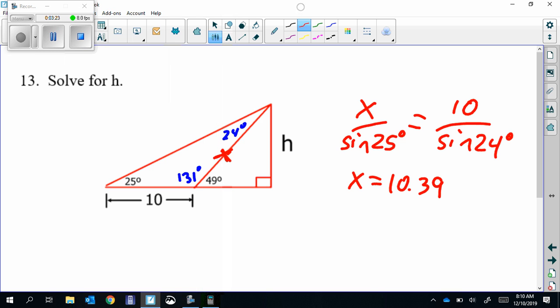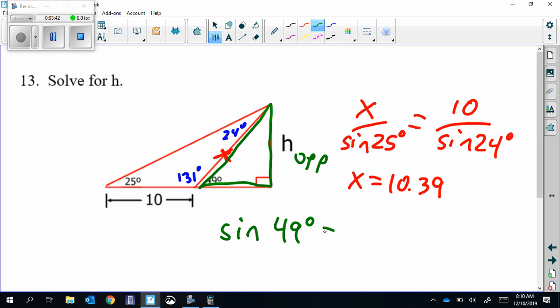So now we're going to shift our focus just to this triangle here. It is a right triangle with a 49-degree angle. We're trying to find this side, which is opposite. And x would be the hypotenuse. So sine of 49 degrees equals opposite over hypotenuse.